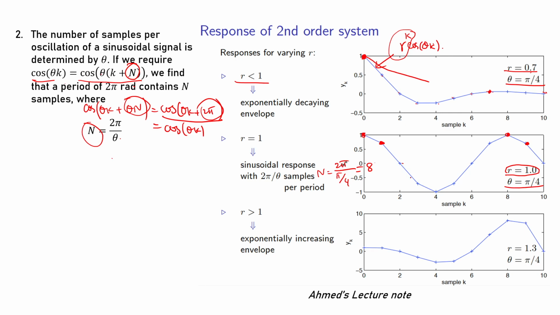Okay, 1, 2, 3, 4, 5, 6, 7, 8. From this peak to this peak you just add 8 samples.